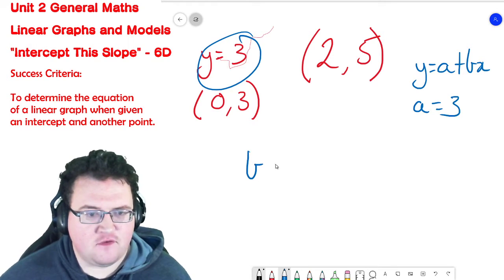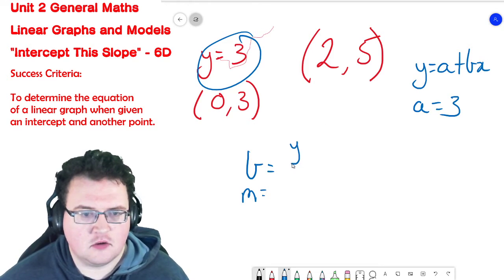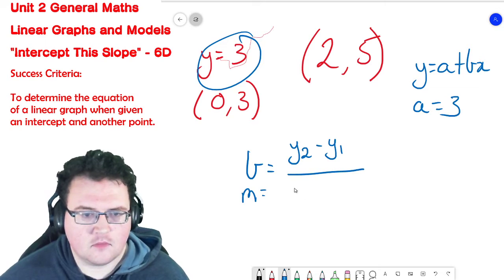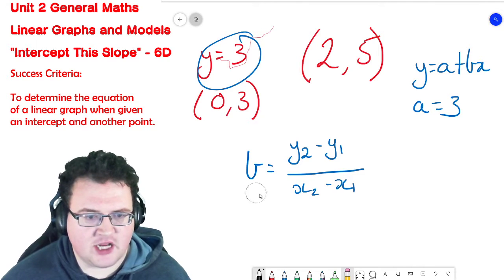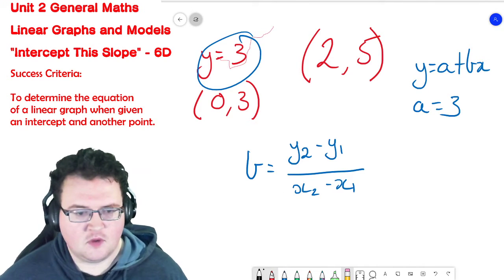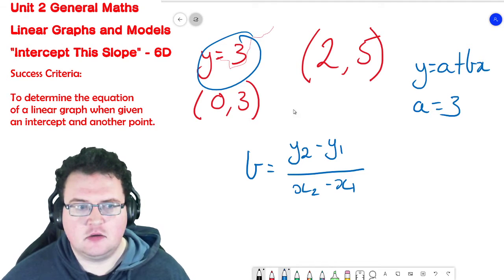Now, just as we had m, we have an equation. We have the point on the right minus the point on the left. In this case, which point is on the right?